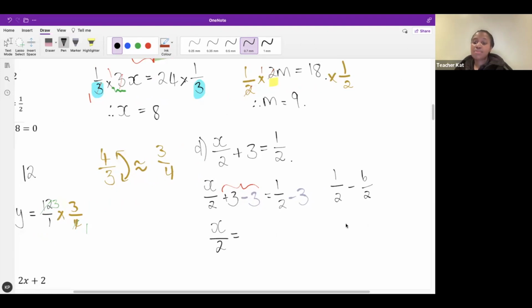And when you're subtracting fractions, you only subtract the numerator. So what is 1 minus 6 at the top? Negative 5. And this is over, do we change the denominator when we are adding and subtracting fractions? No, so it's still over 2. So x over 2 is equal to negative 5/2, or negative 2.5.